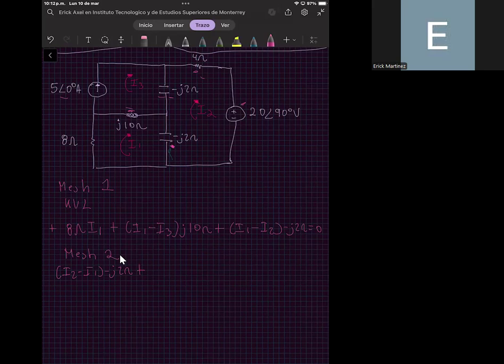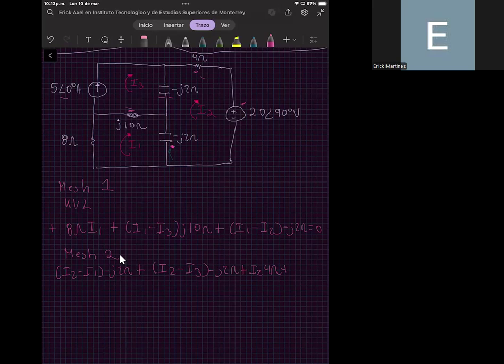The current that is flowing through this capacitor is equal to the difference in currents between mesh number 2 and mesh number 3, times the impedance, that is minus J 2 ohms, plus the voltage drop of the 4 ohm resistor, that is I2 multiplied by 4 ohms, plus the voltage of the voltage source.